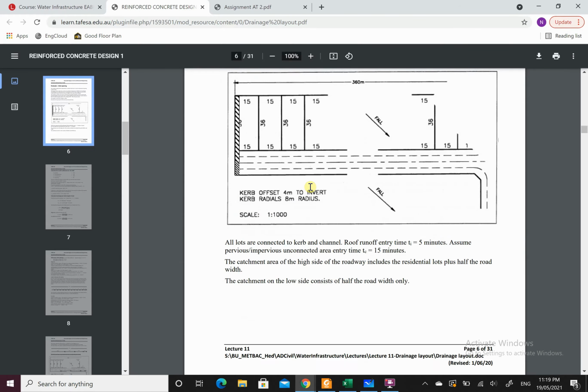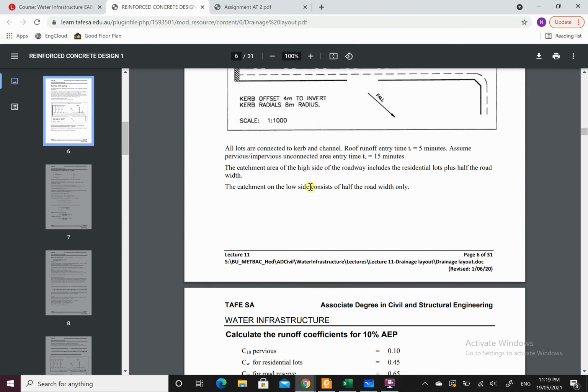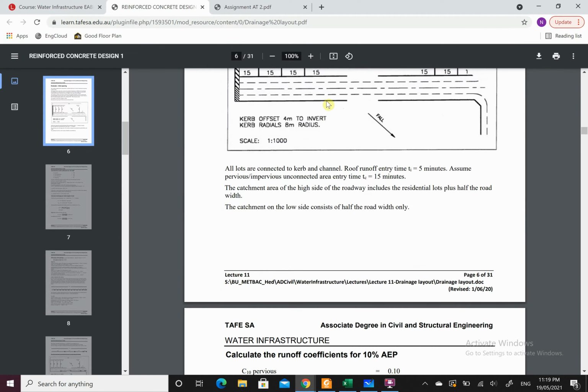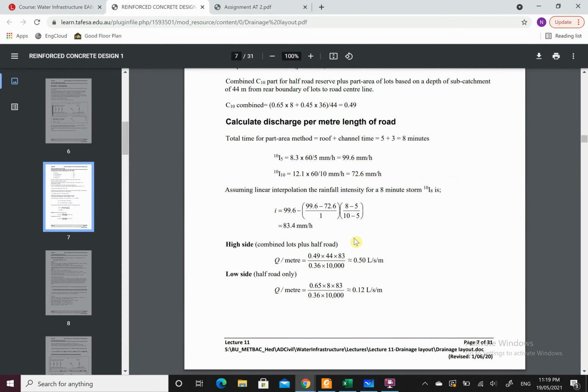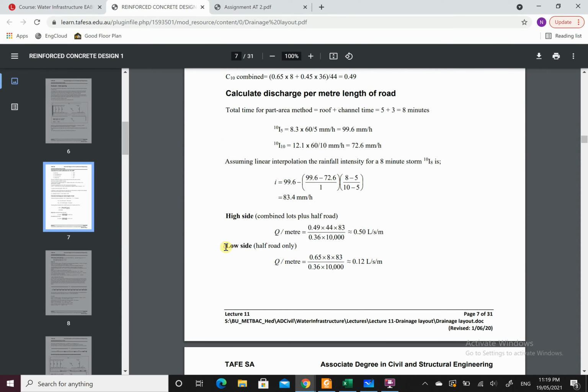I hope you've all read it in your own time as well. But this time we're looking at the low side of the road, so just taking in half of the road width. So we already know from our low side of the road, we have a Q per meter of 0.12 liters per second per meter. So that's our starting point.